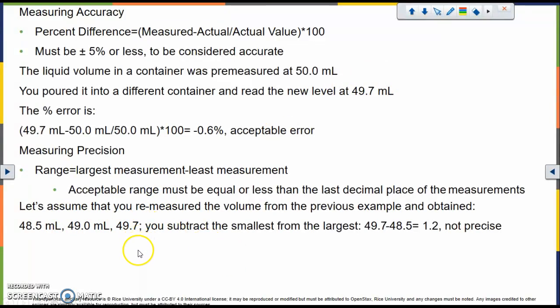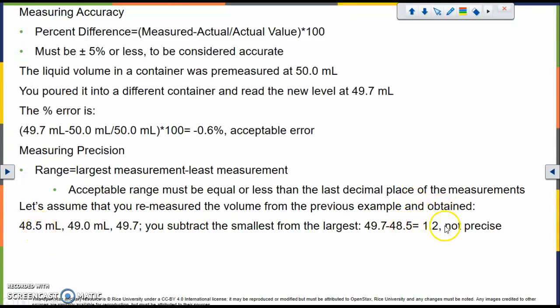What you take is your smallest value, which is 48.5 mils, and you subtract it from the largest value. This is called the range. Largest minus least. So you take 49.7 minus 48.5, and the number is 1.2. Folks, this is not precise. If you look at all these measurements, all of them are in the tenths place.